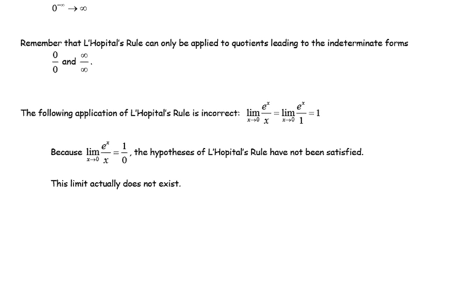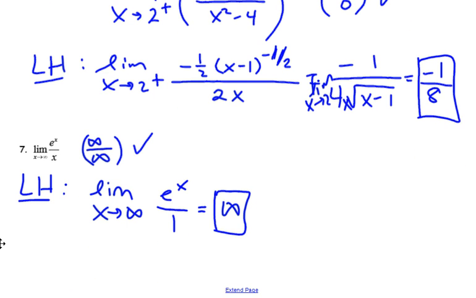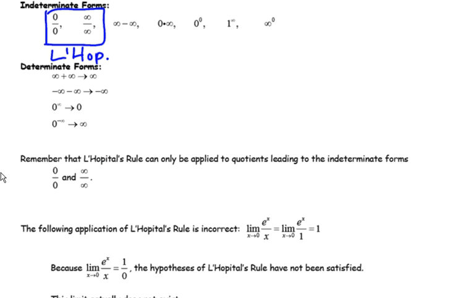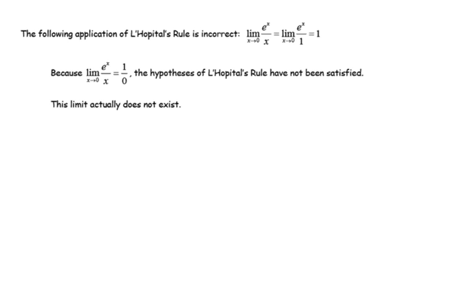Now, one other application of L'Hopital's rule, and this is piggybacking a little bit off of the last example we did, where we had e to the x over x as x approached infinity. Now, if you look here, we have e to the x over x as x approaches 0.